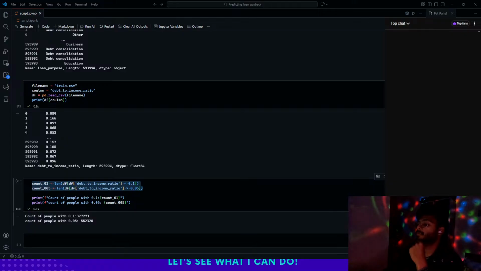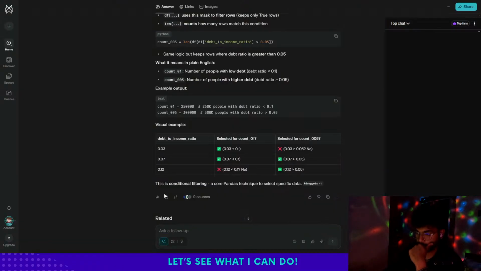Okay, so if I show you, as you can see in my screen, that is a value of 0.03. So if I say 0.1, that is this thing, it would select it, but over here it's not.